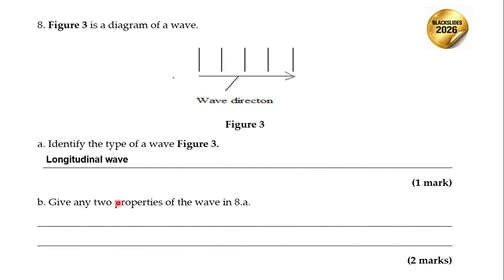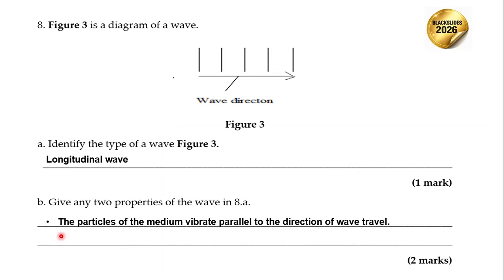Give any two properties of the wave shown. One of them is that the particles of the medium vibrate parallel to the direction of the wave travel, unlike transverse waves.